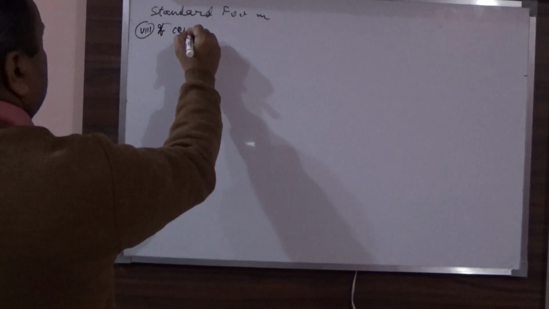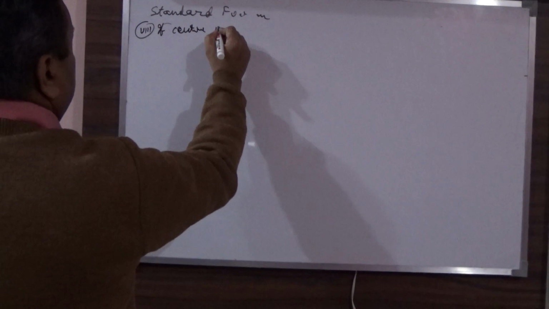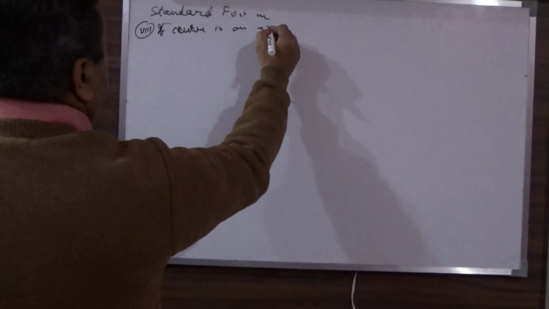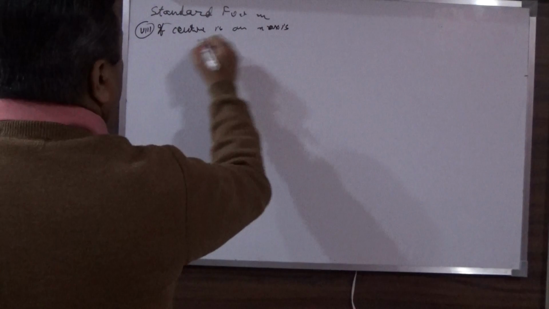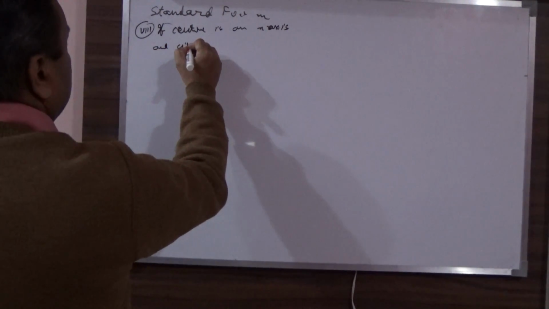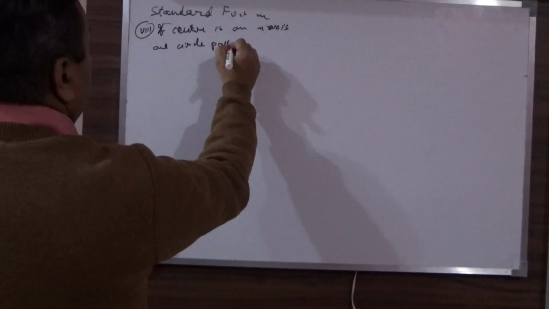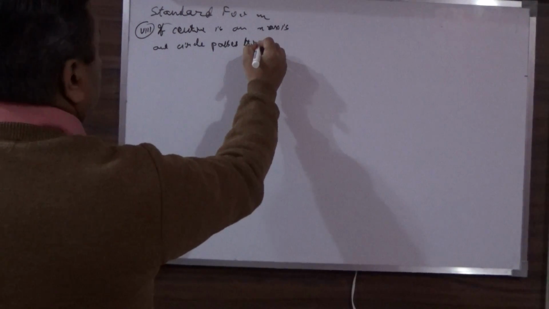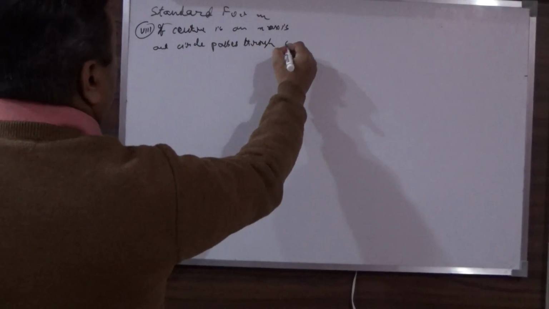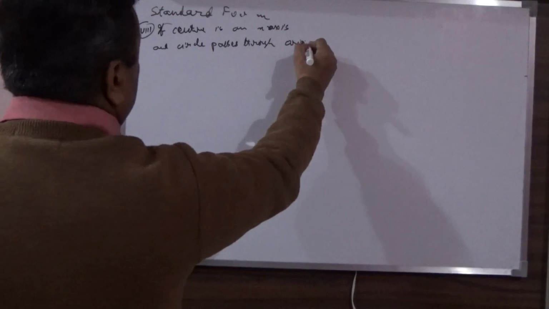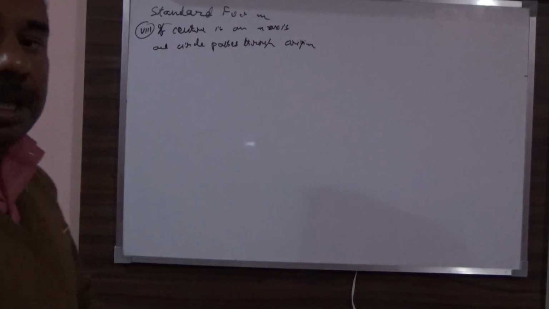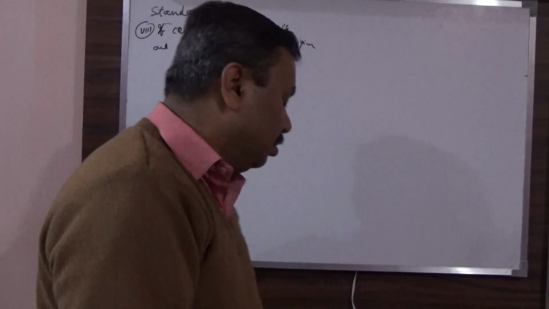If the center is on the x-axis and the circle passes through the origin. Okay, the circle is passing through the origin.